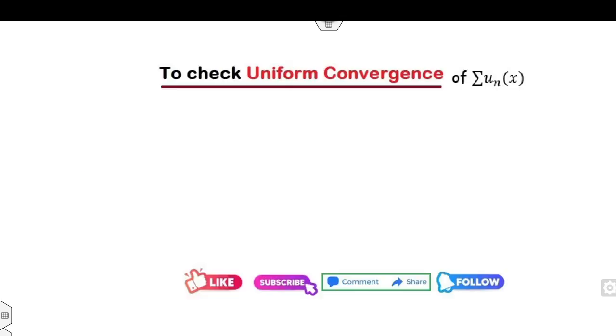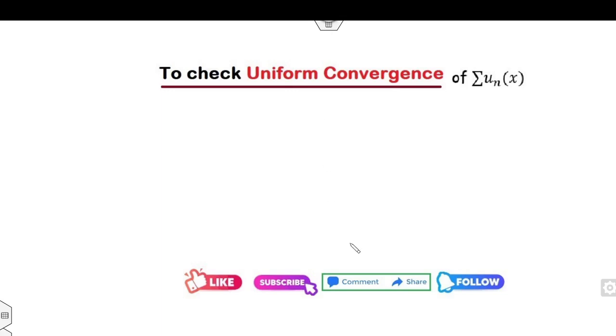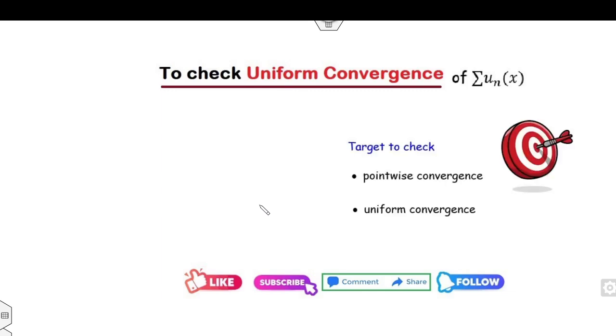Now, what we discussed in our last lecture, we covered the topic of the uniform convergence of the series of functions. In this lecture, we will cover examples of uniform convergence. Always remember, whenever there is a question to check the uniform convergence of the series, examine the uniform convergence of the series, or prove the uniform convergence of the series, your first target should be to check the pointwise convergence and the uniform convergence.